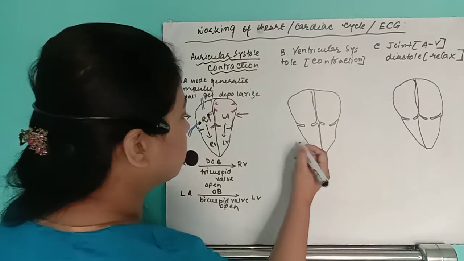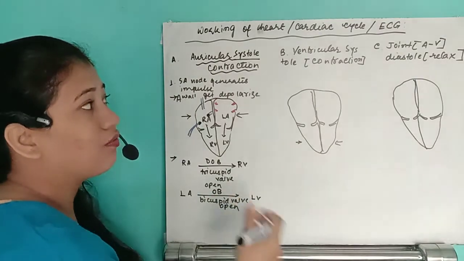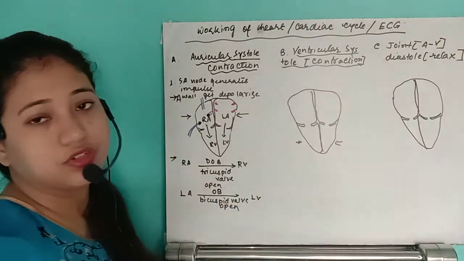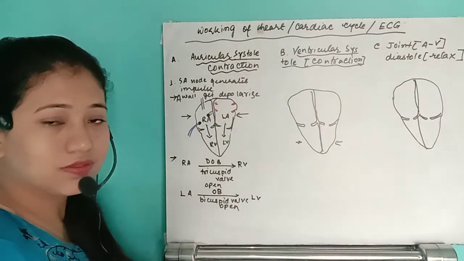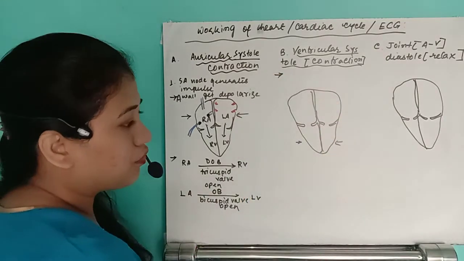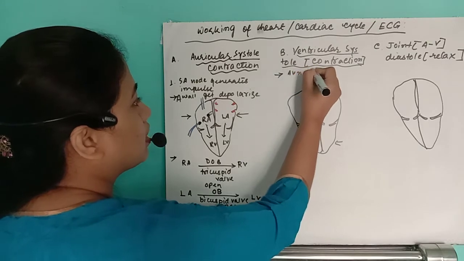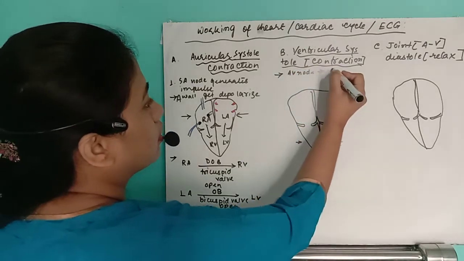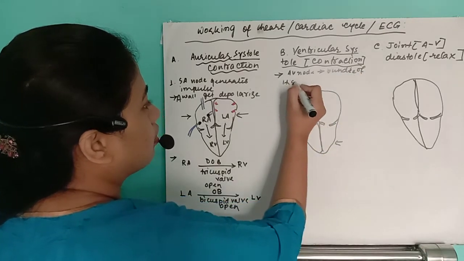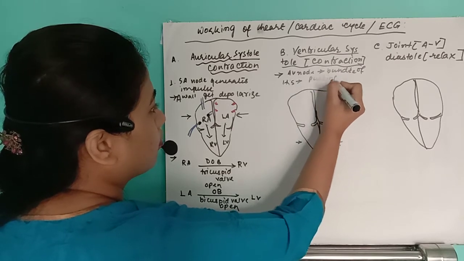Okay, now this ventricle will contract. So whenever the ventricles are contracting, what happens? That is called the ventricular systole or ventricular contraction. Okay, so in this time, first of all, this AV node transmits the impulse to the bundle of His, and from the bundle of His it goes to the Purkinje fiber.